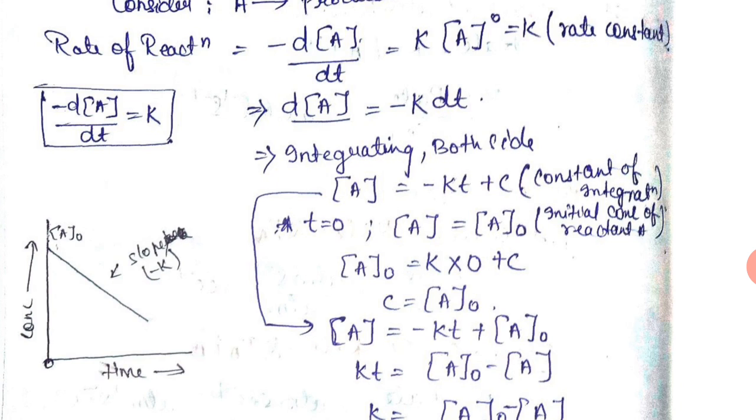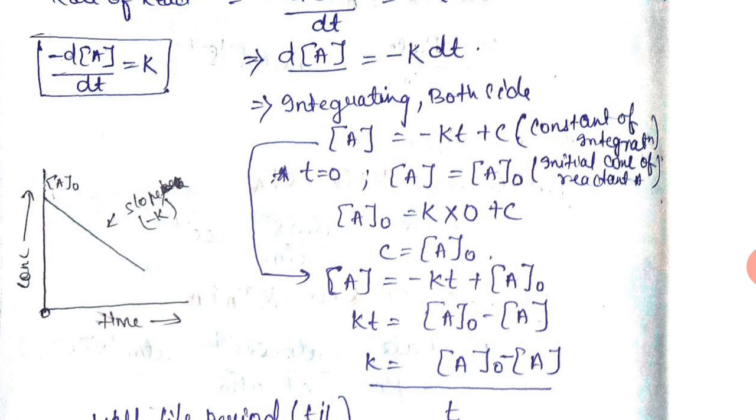At t equal to 0, [A] is equal to [A]0. So [A]0 is equal to minus k into 0 plus C. So C is ultimately [A]0. Applying this in the formula [A] is equal to minus kt plus C, we get [A] is equal to minus kt plus [A]0.